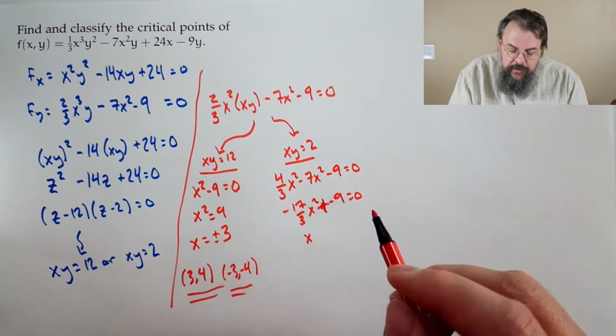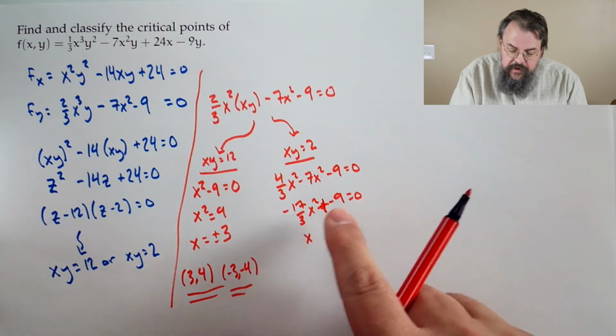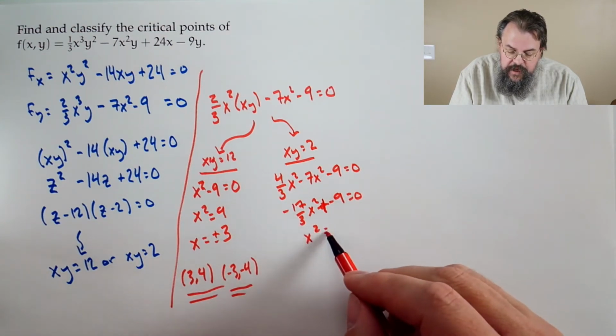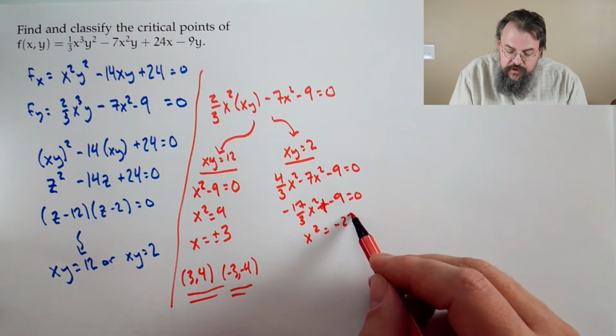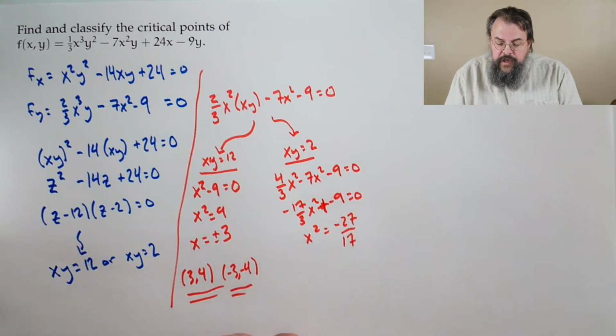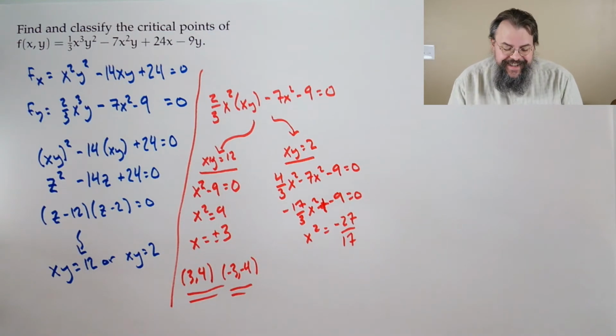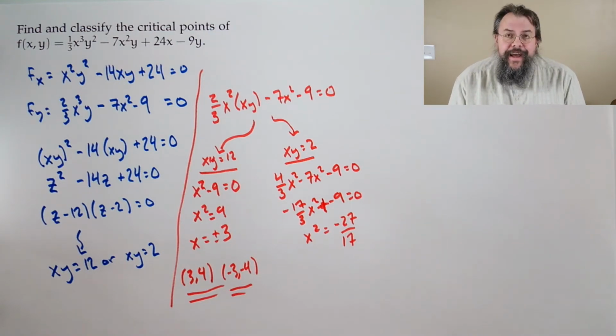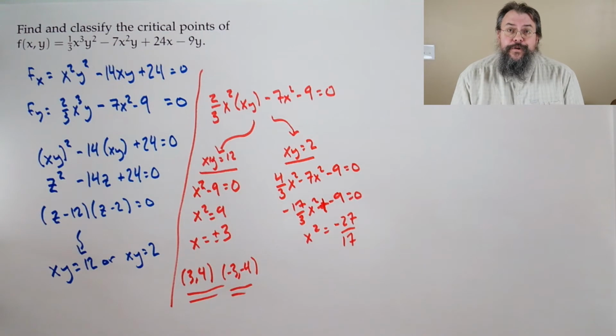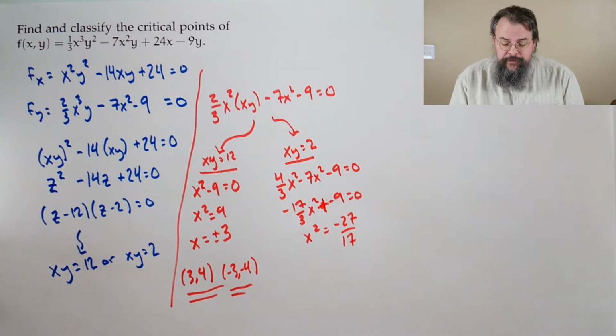But now, move the 9 across and multiply, you end up with x squared equals negative 27/17. You're like, wow, that seems complex. Well, you can't have a real number squared equal a negative.